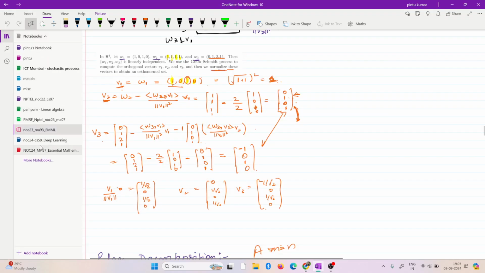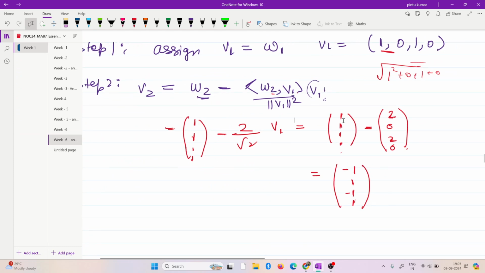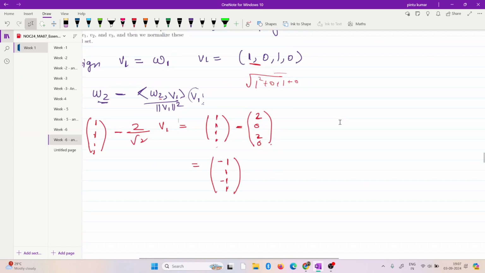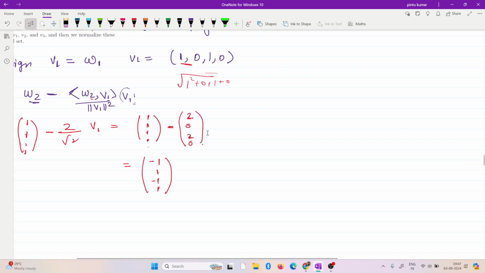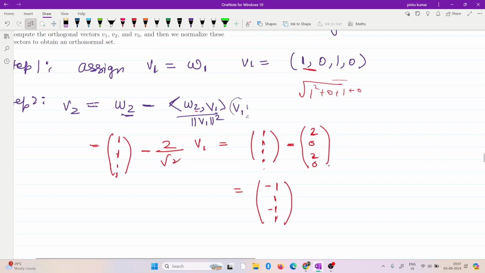Yeah, I have made a mistake, and it's a very elementary mistake, because what we wanted is that V1 and V2 should be orthogonal, right? And if you look at these two vectors, they are not orthogonal. The mistake that I made is that this is norm square, so the denominator becomes 2, divided by 2, right?